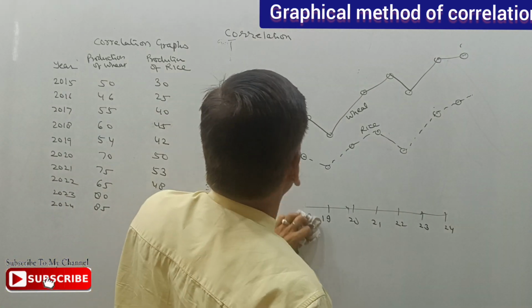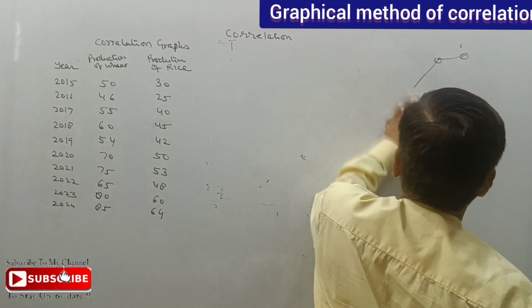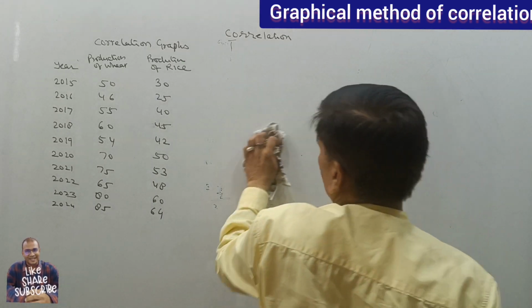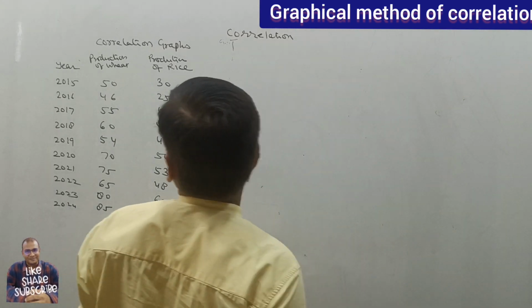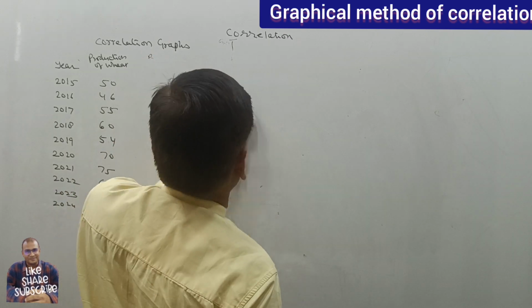A graph may also show a negative correlation. Suppose the production of wheat is increasing, but the production of barley is decreasing.